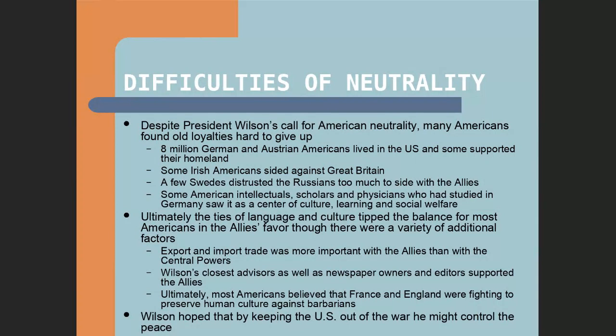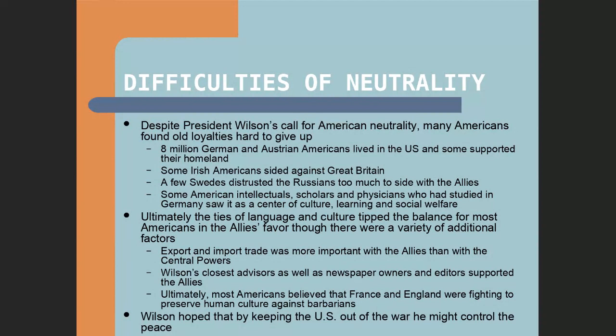The Irish, part of the British Empire, but they are agitating for their independence. Great Britain is heavily suppressing efforts at that in Ireland, very brutal, and a lot of the Irish Americans, and a lot of the Irish, for that matter, don't support Great Britain, and they would also be lining up on the Central Powers side, or at least wanting to not care about Britain and not support them. So neutral to opposed.